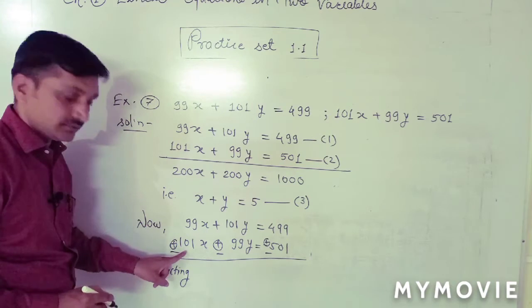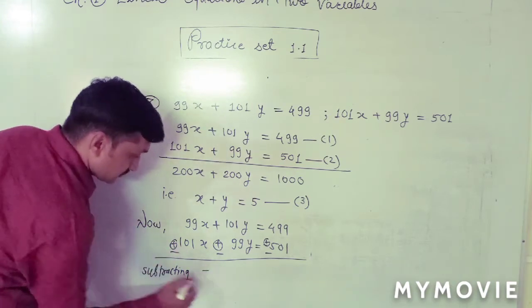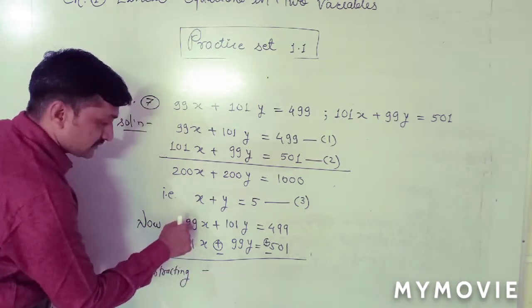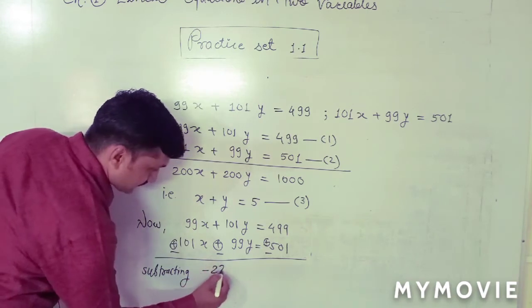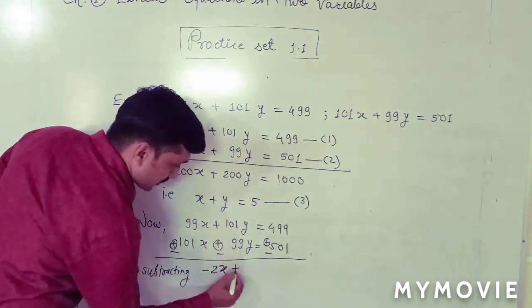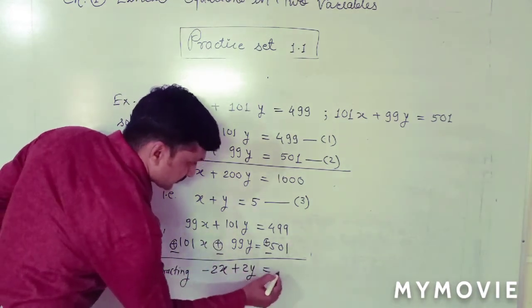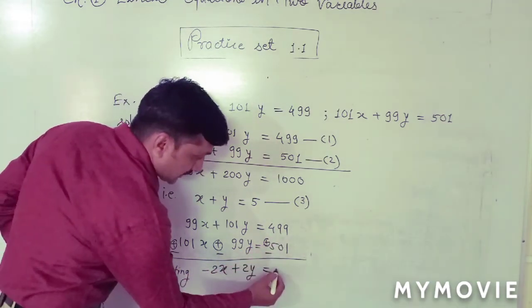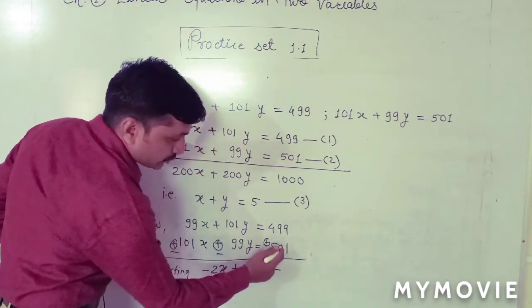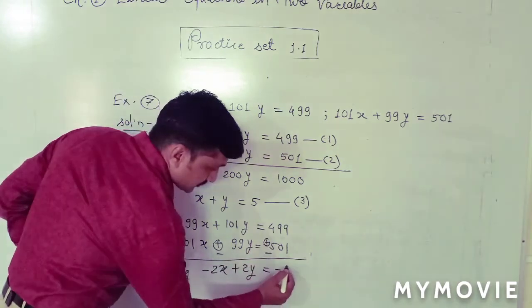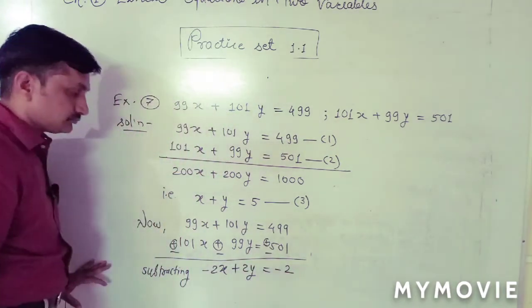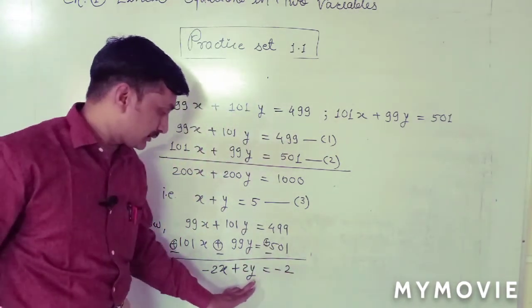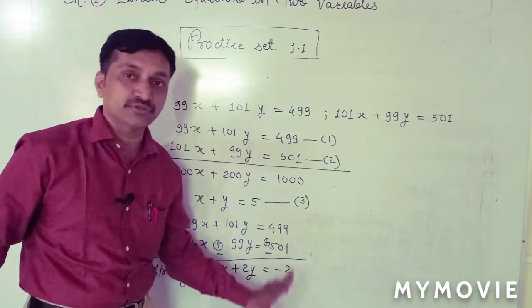99 minus 101, the higher value sign is minus. 101 minus 99, 2x. Here plus 2y is equal to, higher value sign minus. This is the higher value 501 and the subtraction is 2. Minus 2x plus 2y is equal to minus 2.